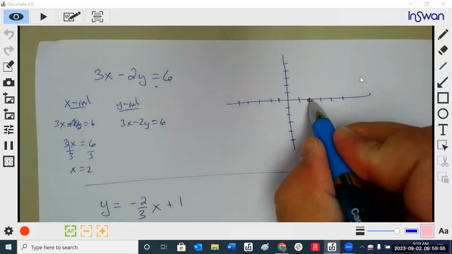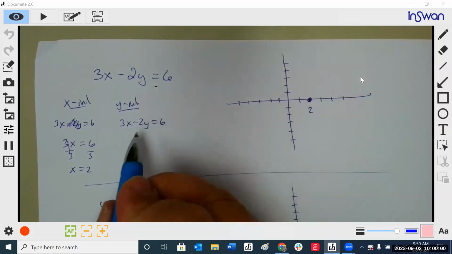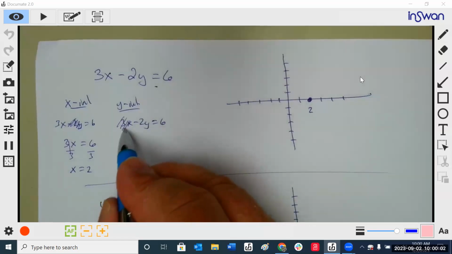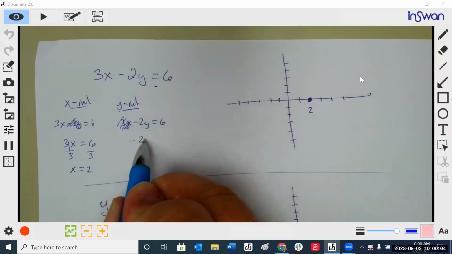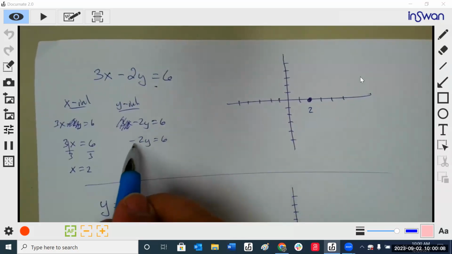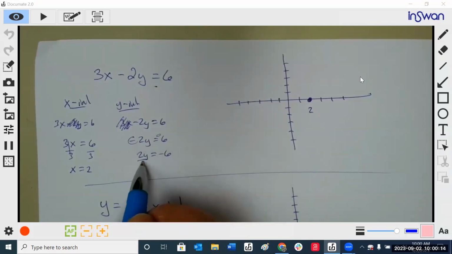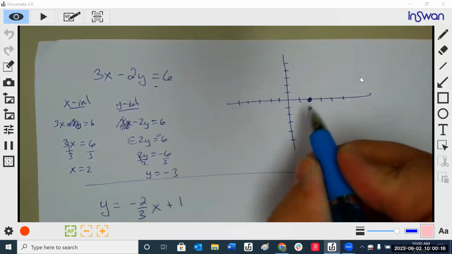So we know x equals 2. For the y-intercept, get rid of the x. There's a negative in front of the y, so I change the signs. So I have 2y equals -6, and divide by 2, -3.